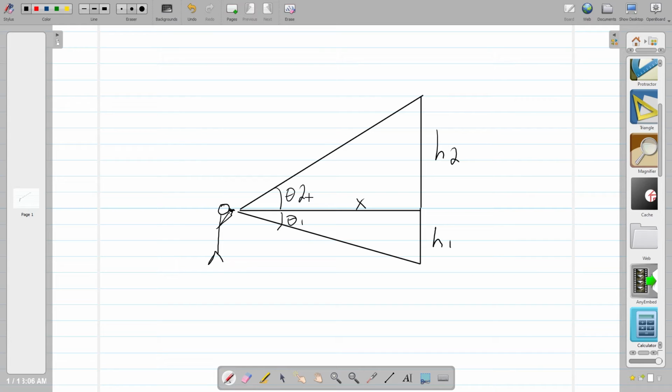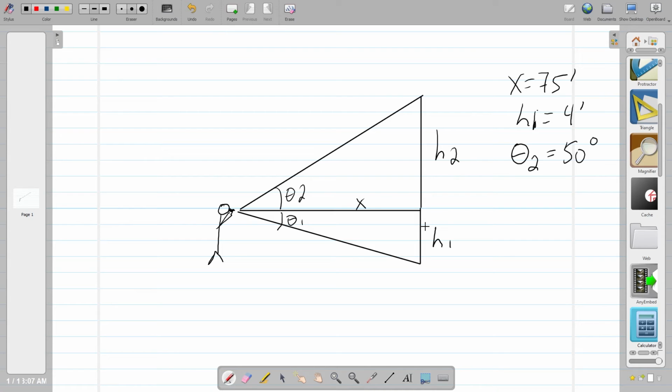Let's say X equals 75 feet, H1 equals 4 feet, and theta 2 equals 50 degrees. I don't want you to figure out the total height of the tree. Well, that's just doing what we just did twice. Because you add H1 and H2 and you get the total height of the tree.